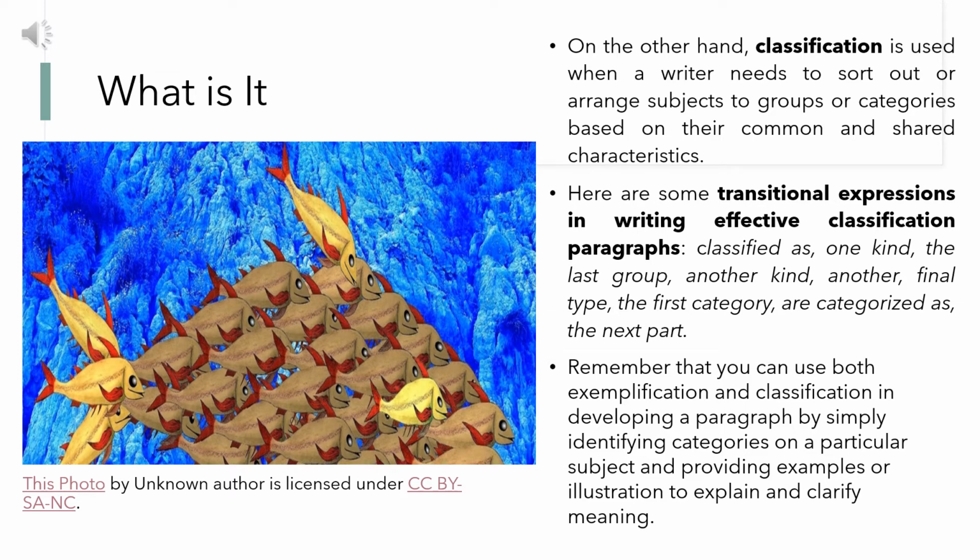There might be a concluding statement or concluding sentence or ending sentence, or it can be written that way, wherein you have the last discussion in the list that you have presented under the classification part of your paragraph. Okay? So that would be all about the exemplification and classification paragraph discussion.